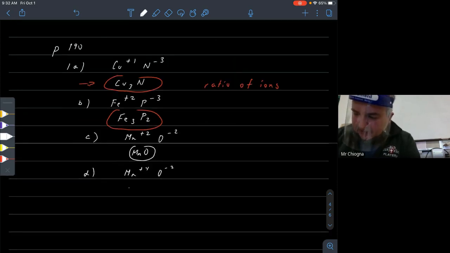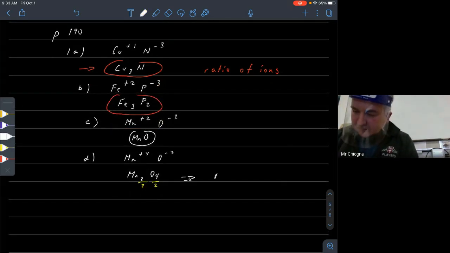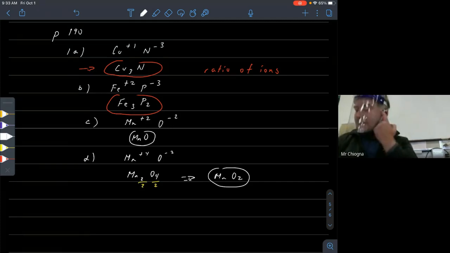Now we got a crisscross. We're not done, but we do this first. And then reduce. If it's a 2,4, divide by 2. If it's a 3,6, divide by 3. That's a proper formula in its reduced form.